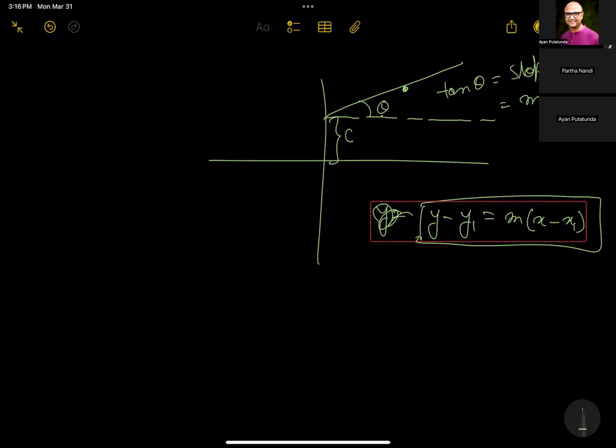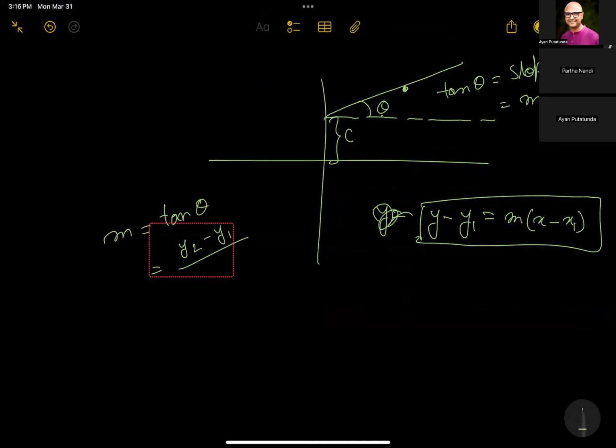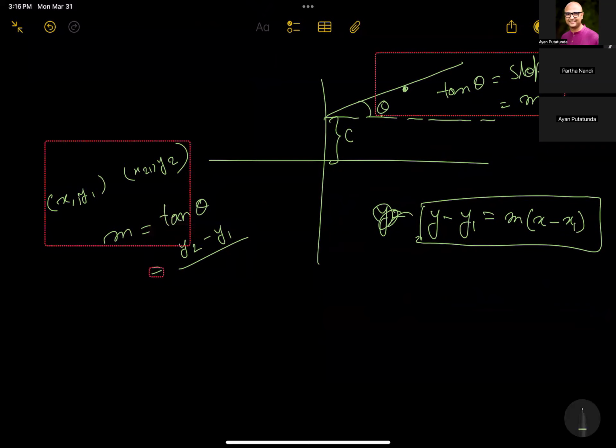Before this, I should also mention that there is a general way of calculating slope. Slope is m, and m is generally calculated by tan of theta. It can also be calculated from another perspective: given two points x1, y1 and x2, y2 lying on a straight line, the slope of the equation can be written like this.